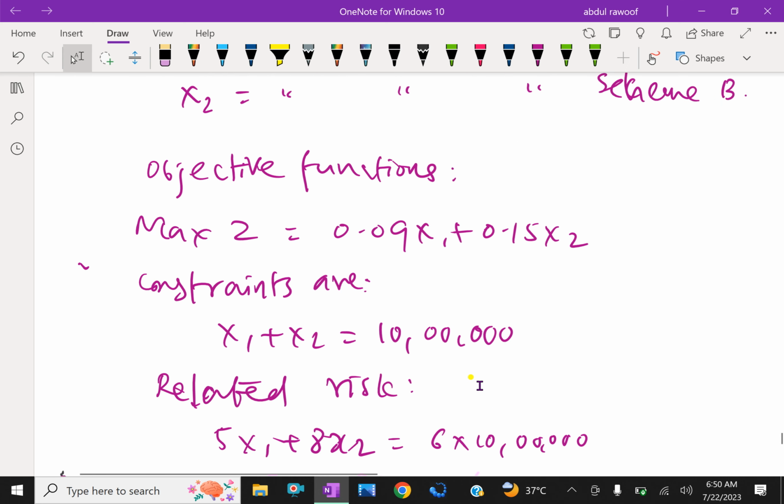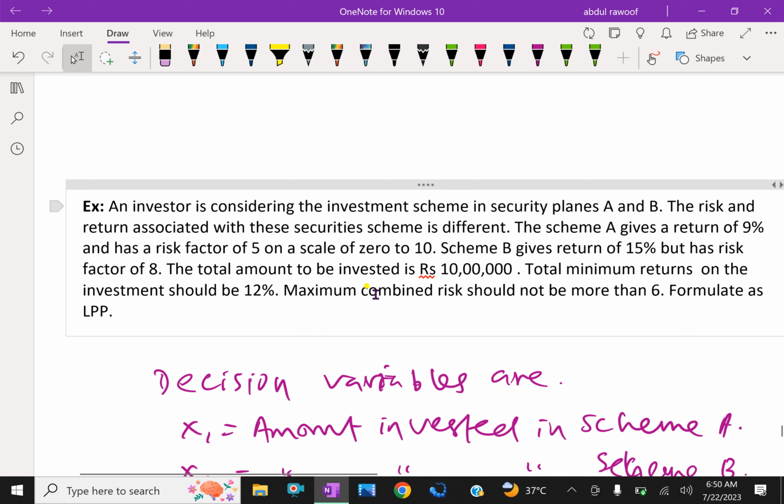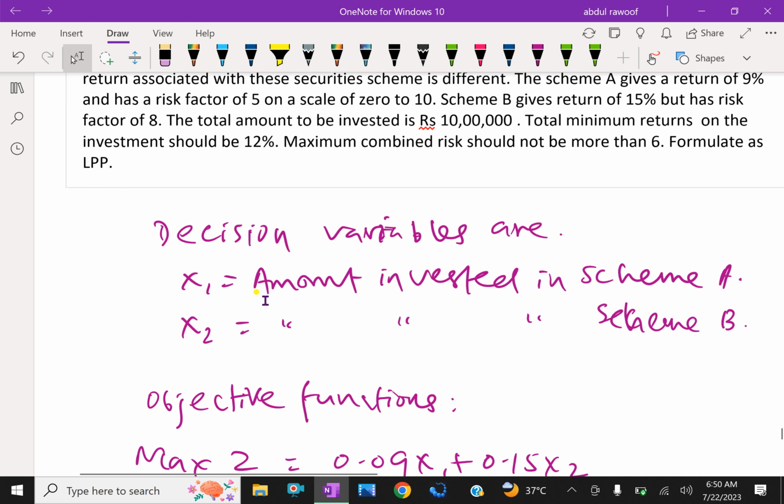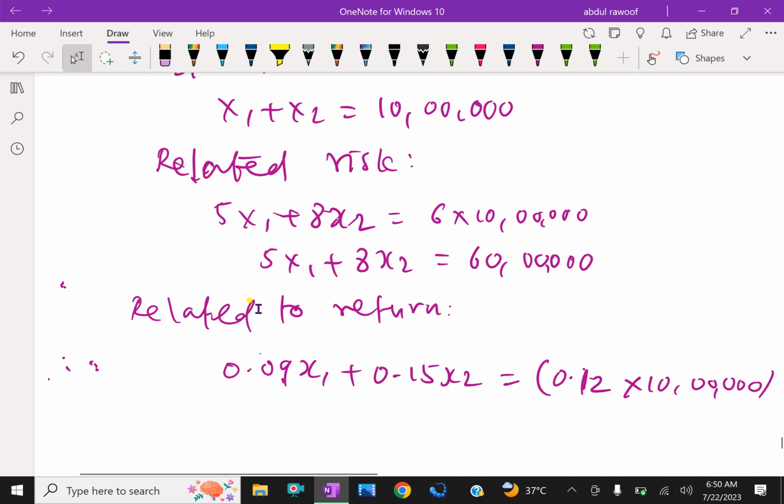That means the total minimum return on the investment is 12%. Therefore, this is the constraint related to return.